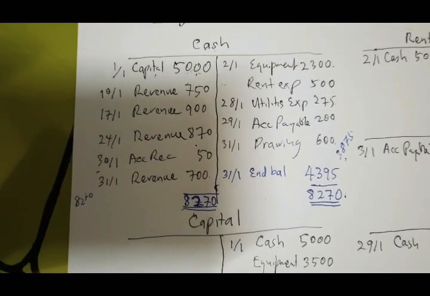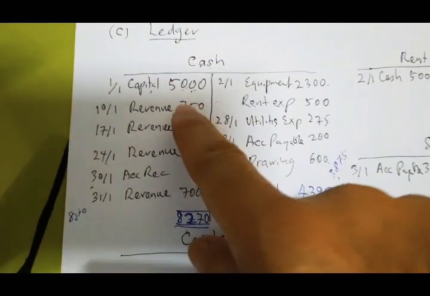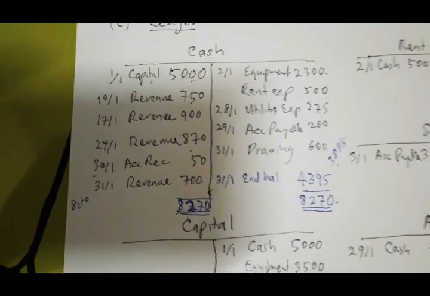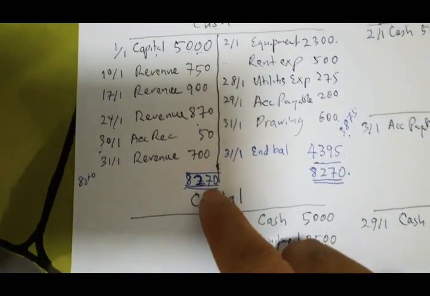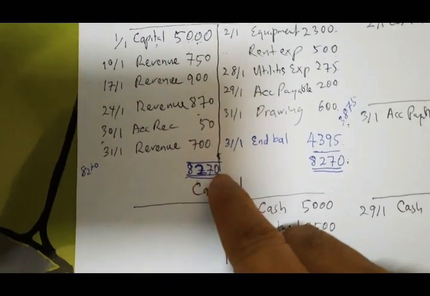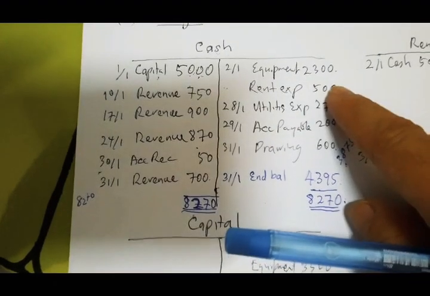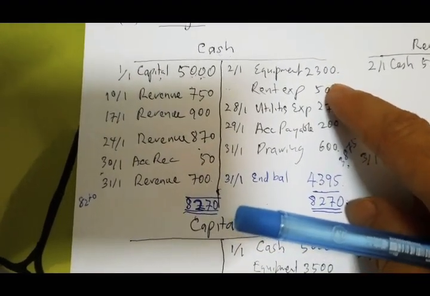The logic is like this. For the account cash, debit cash means cash goes in or cash increases. Here, the total cash increase during the month is 8270 for this business. Credit cash means cash decreases or cash goes out.